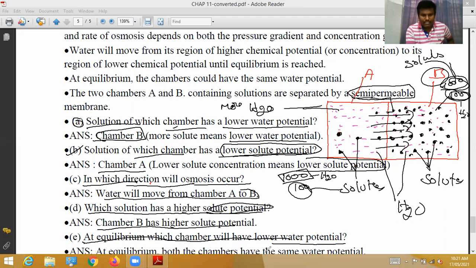At equilibrium, both chambers have the same water potential. So at equilibrium means what? When both concentrations become equal, both chambers have the same water potential. If not at equilibrium, then B is more. Equilibrium means water moves from chamber A to chamber B until both concentrations become equal. When both chambers are equal, the water potential is also equal.